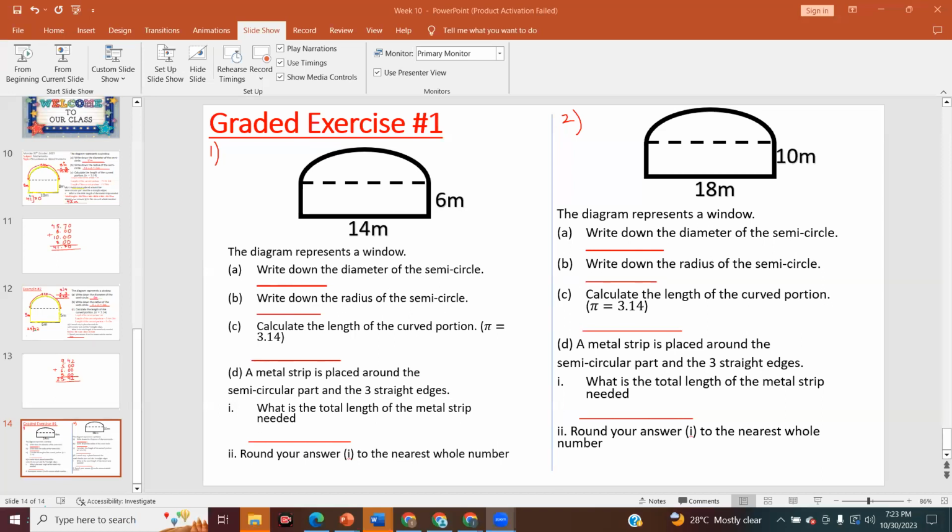Haley Ambrista, are you there? Yes, sir. What number are you on? 1A. Okay. And Haley, do you understand what to do? Yes, I think so. All right, that's good.